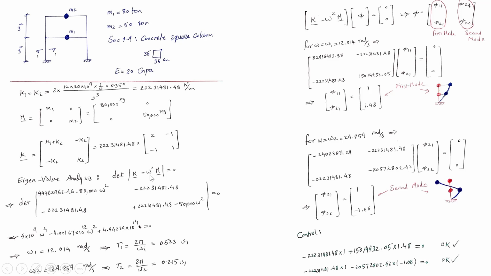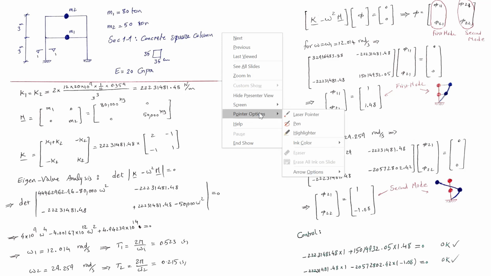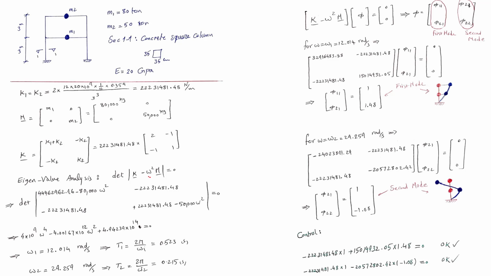So what I've done here is multiply omega squared. The aim is to calculate this omega, and what I've done here, I've used this mass here and multiplied it by omega squared, then with a minus sign here, then added with the K matrix, which is this one.